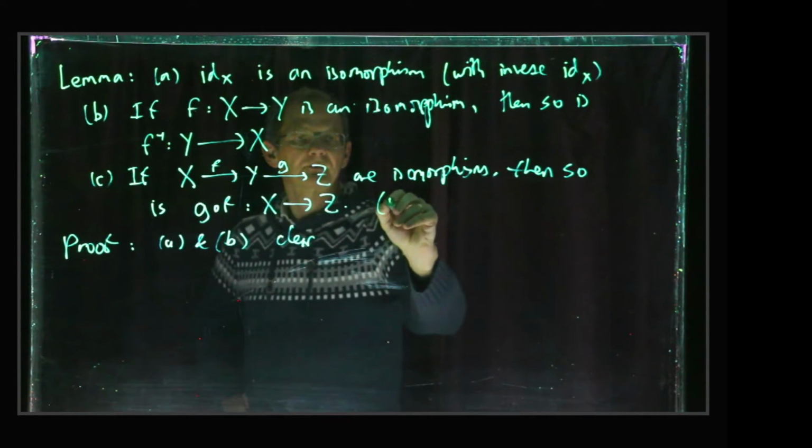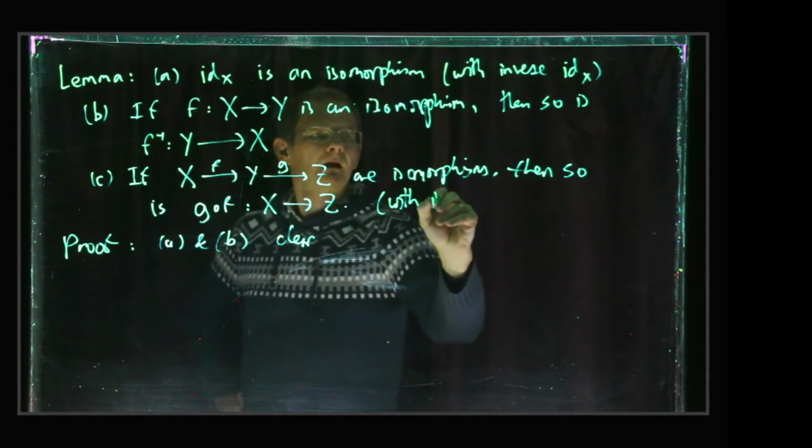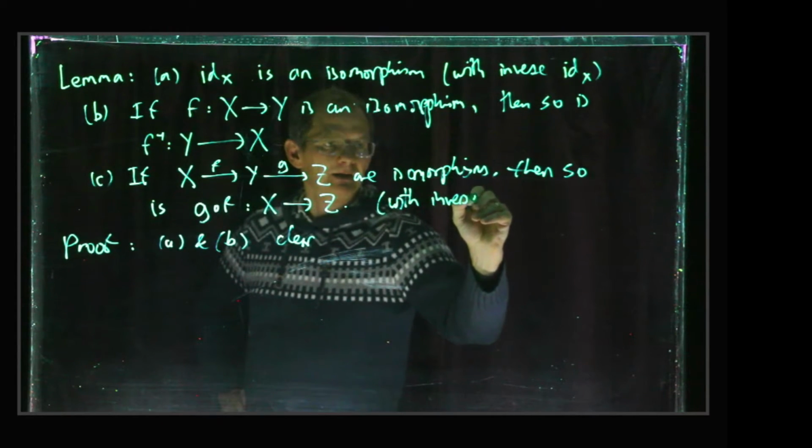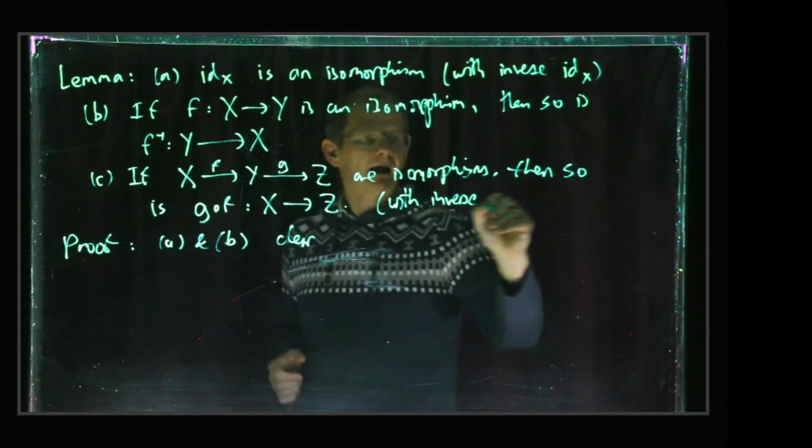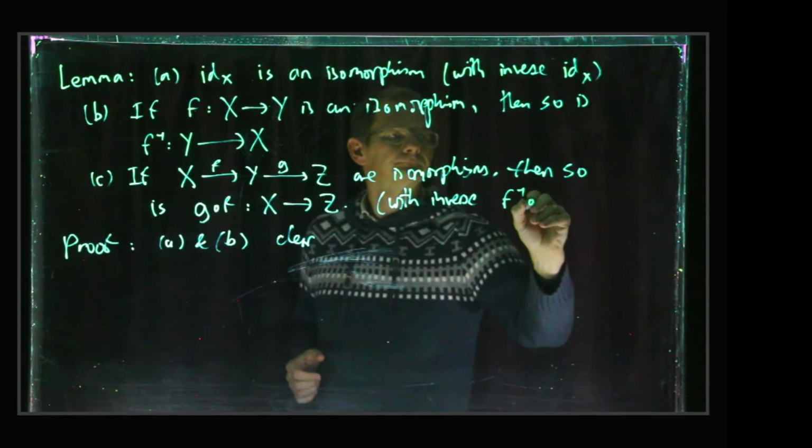And here, let's just say what the inverse map is. The inverse is just F inverse composed with G inverse.